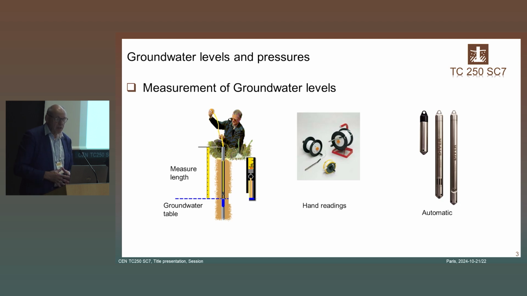First of all, measurement of groundwater levels, normally done in a standpipe by doing a hand reading, or automatically when you lower a so-called diver, a remote reading device, or by putting in a piezo cone or whatever.